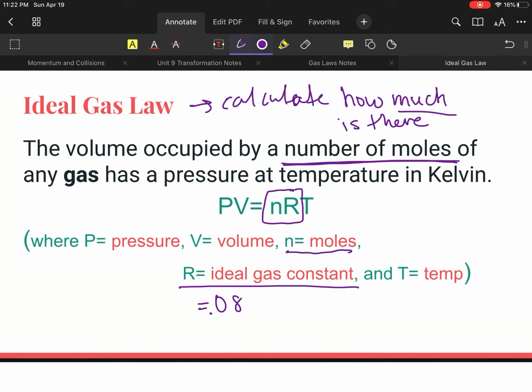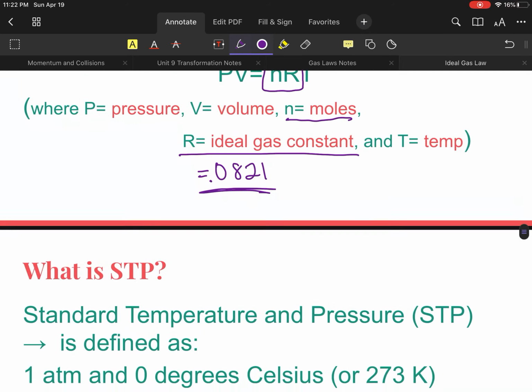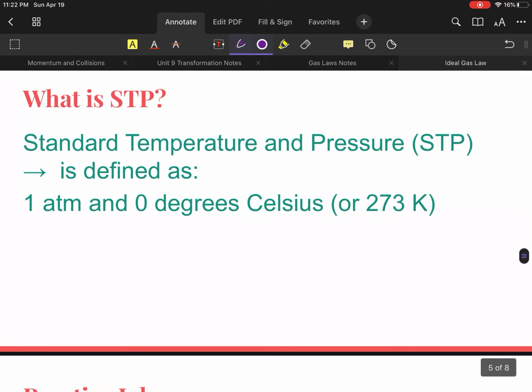It's equal to 0.0821, and this is on your reference sheet in the back of your lab manual, as are all of these equations if you need to look at them. It's the gas constant R. Anytime we see R, we're going to plug in this number right here.